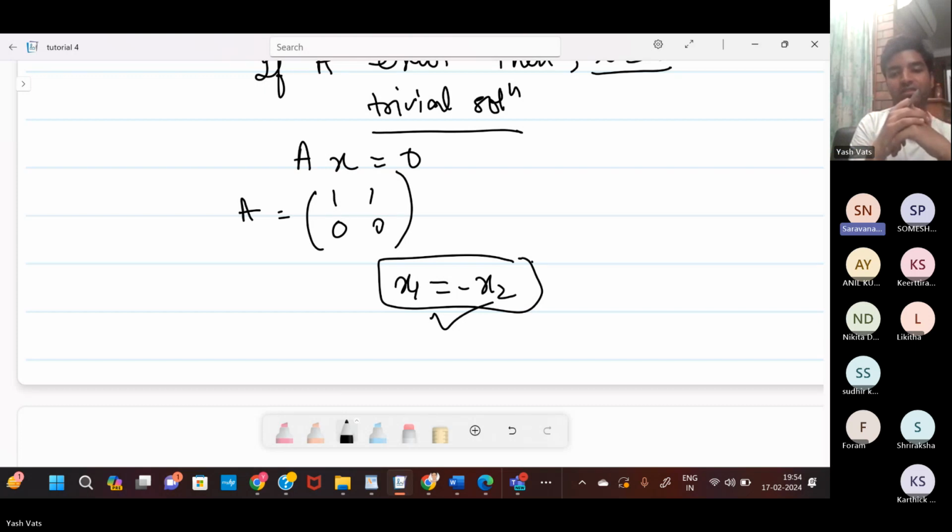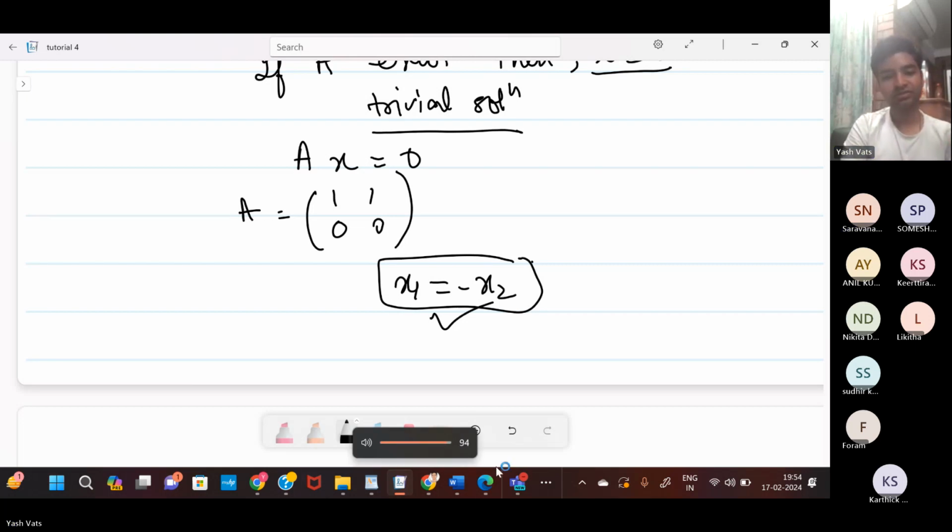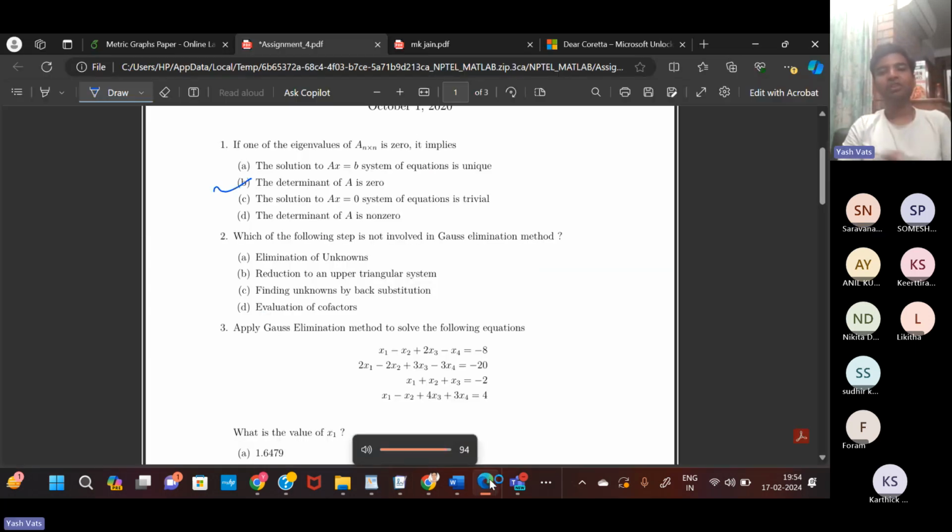Sir, can you please explain that? Because like the beginning also, the problem once again. Okay, wait. You read the question, what you understand from it. If one of the eigenvalues is 0, for an n by n matrix, what does it imply?